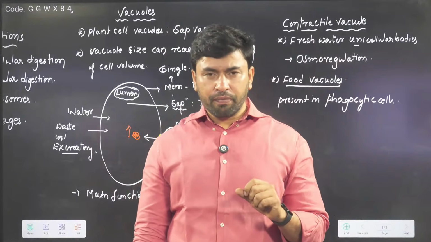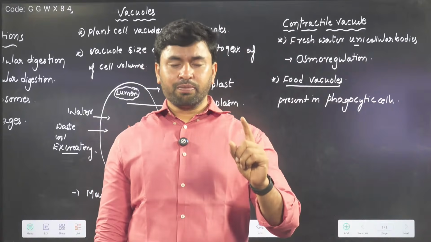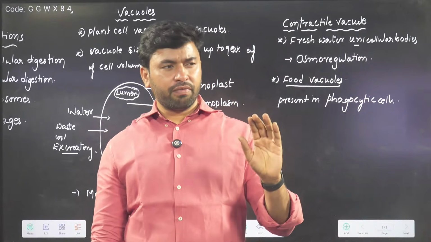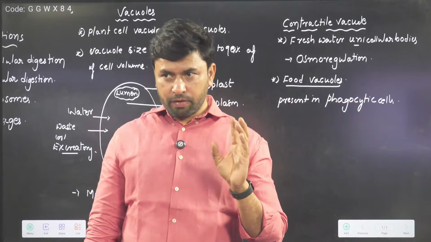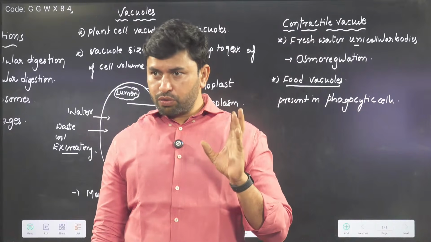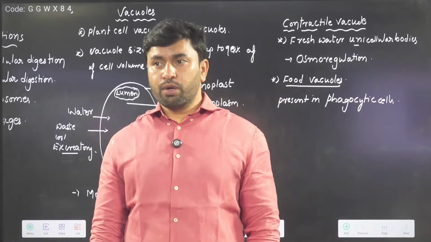Where did you see sap vacuole? In plant cells. They are responsible for storage of waste and any other material that is not required for the plant. Excellent. Where did you see contractile vacuole? In protozoans. Where do you see food vacuoles? Food vacuoles are also in protozoans.